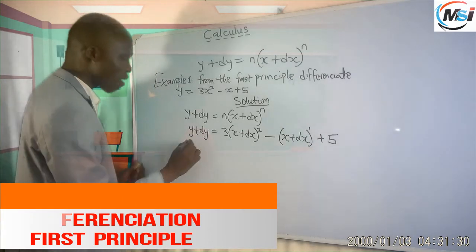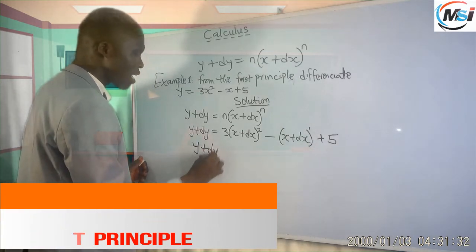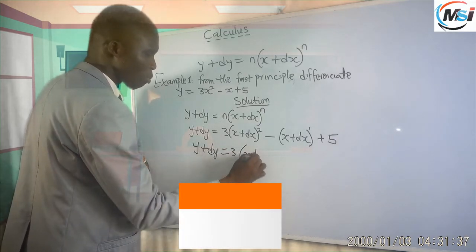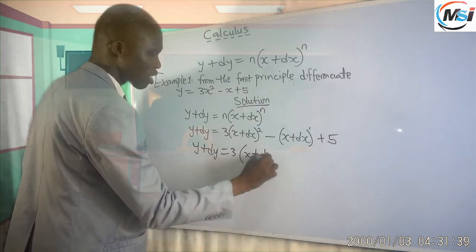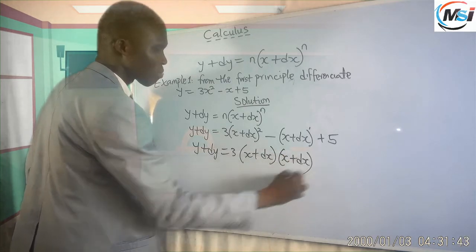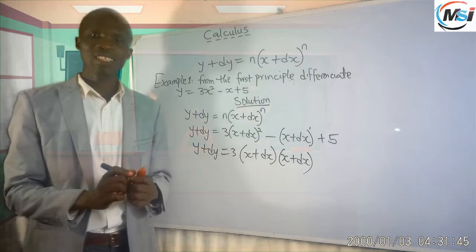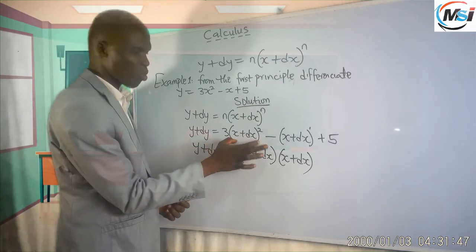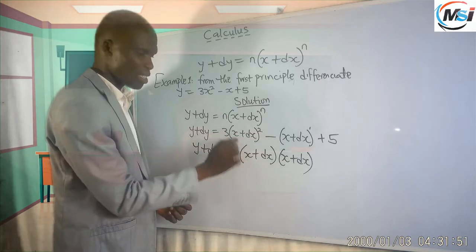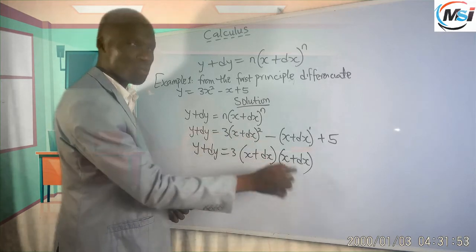We are going to have y plus dy equals 3 bracket x plus dx, x plus dx. I hope you are not getting confused. You just square this, x plus dx squared. It means x plus dx, x plus dx.